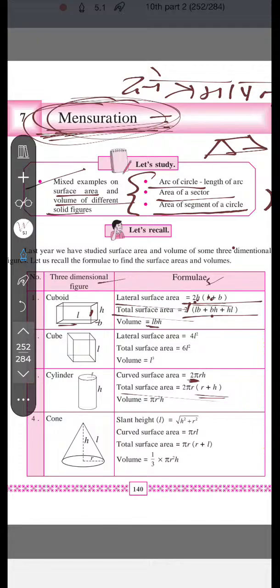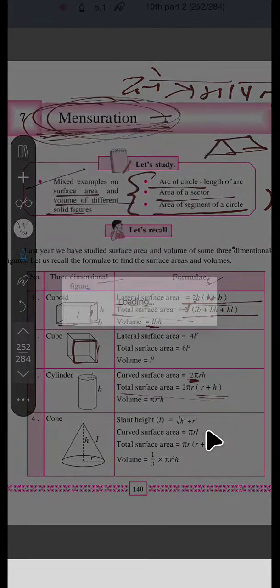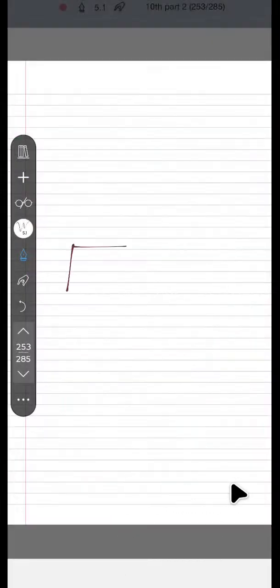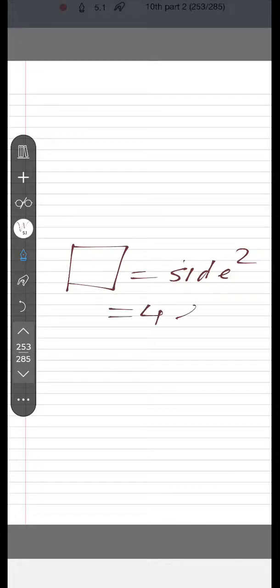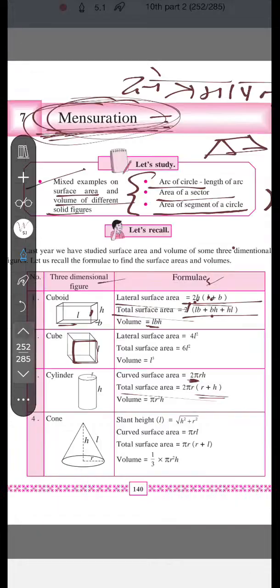Here you can see it has the same lateral side, or we can say the side length. And we all know the formula for a square is side square. Here how many are there? Four, therefore the lateral surface area is 4L square.